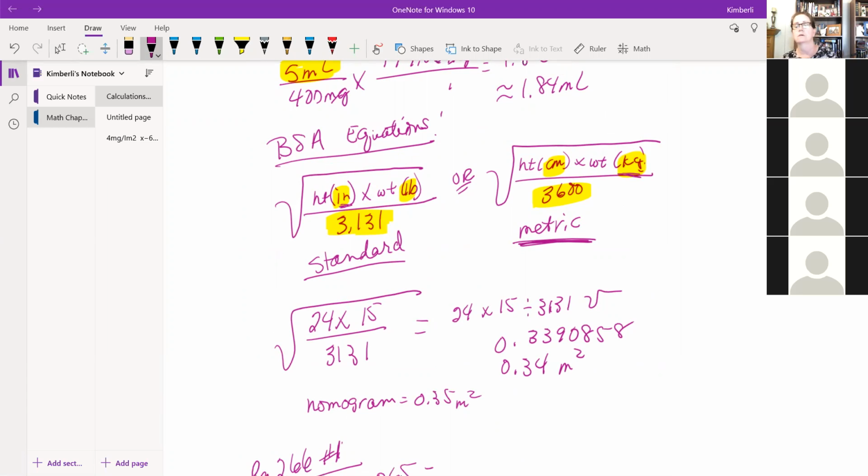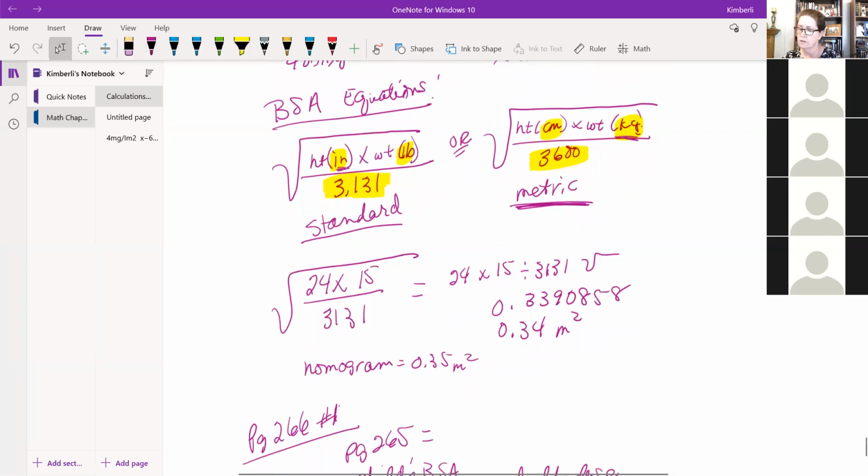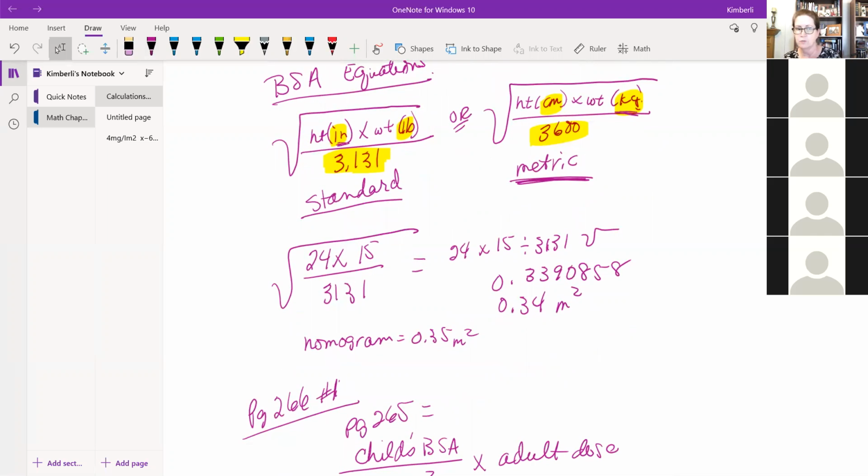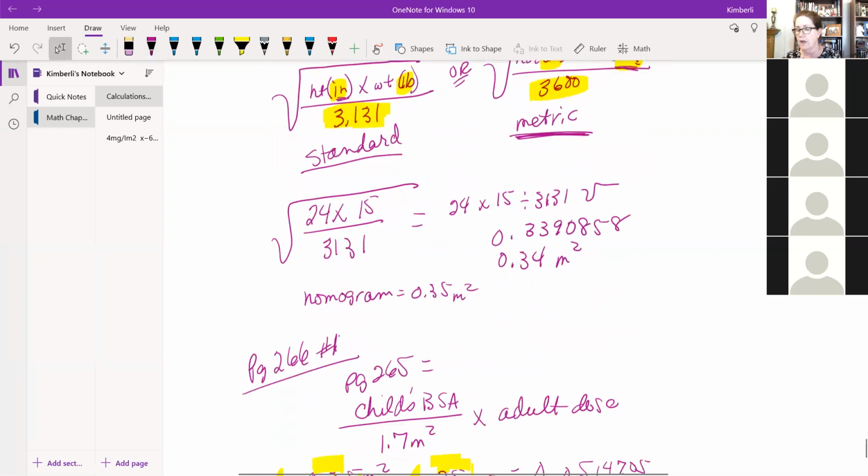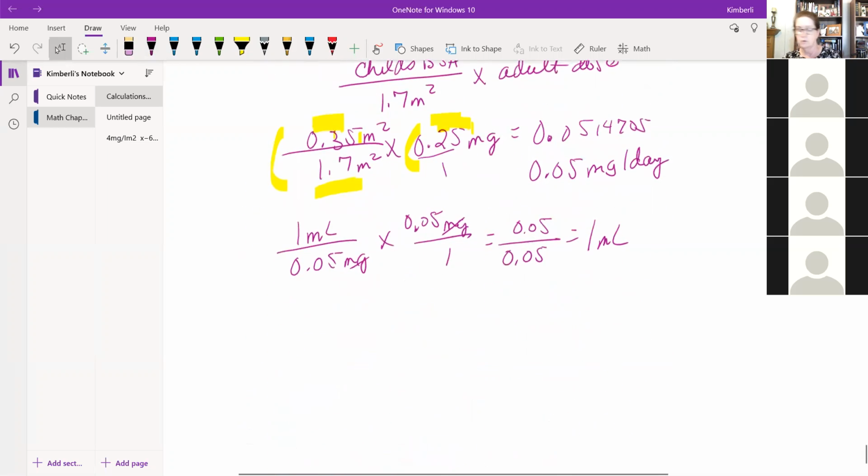If they give you pounds but centimeters, then you would have to convert the other items. If you have mixed types of measurements, then you're going to have to convert them all to one thing in order to do the math. Now, if you wanted to use the nomogram, just make sure that you're looking at the correct either centimeters or inches, and then the correct either pounds or kilograms.